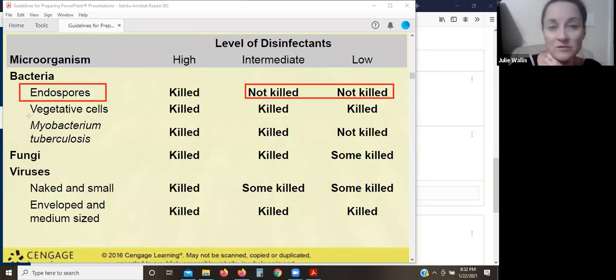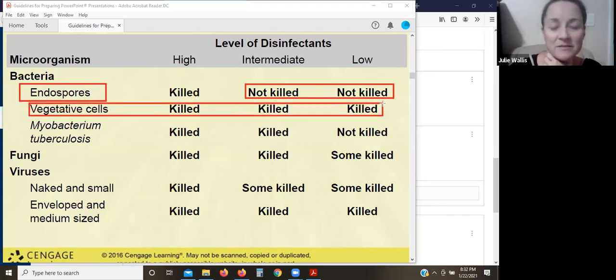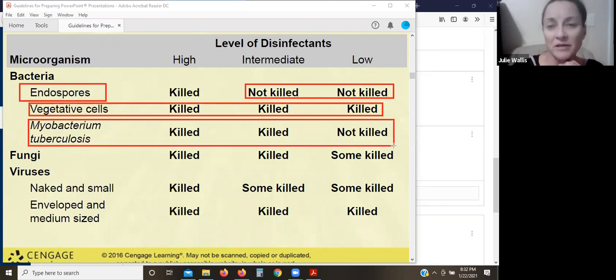Vegetative cells, the normal actively replicating cells, are more susceptible. Certain bacteria are more resistant, for example Mycobacterium tuberculosis, which forms a capsule, and is not killed at low levels but may be at intermediate and high. Fungi can also be more resistant, as only some are killed at low levels.